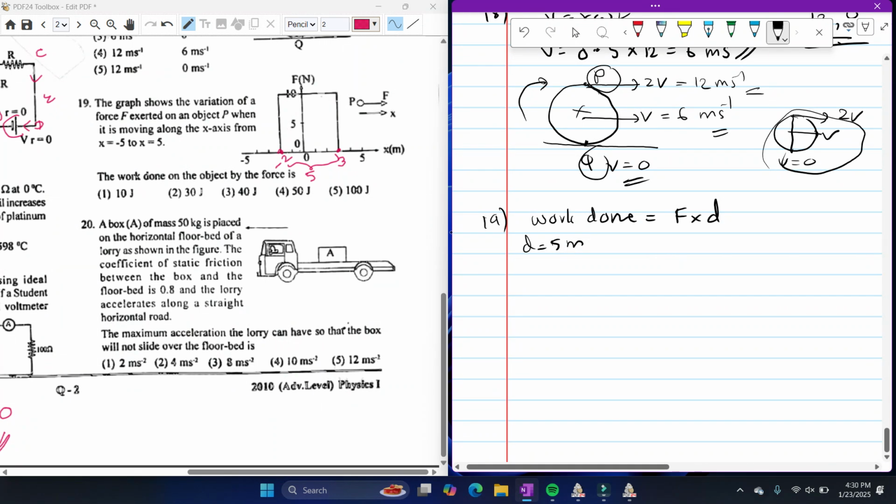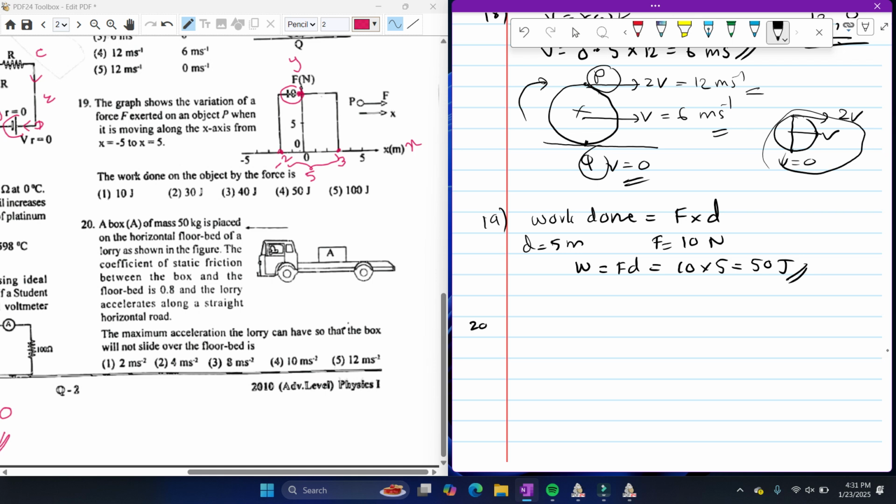The y-axis represents the force, the x-axis represents the displacement. So force is 10 here, that's obvious, right? F is 10 newtons. Now work done equals F times d, that is 10 into 5, that is 50 joules. So the answer is number 4.